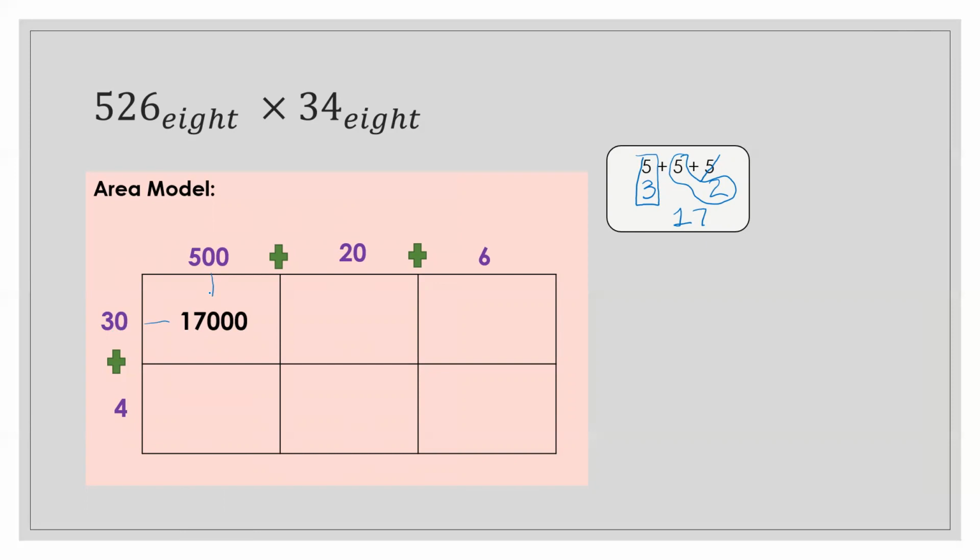Okay. And then next I have 30 times 20. It will end with 2 zeros, and 3 times 2 is still 6 in base 8. That's still a good number to write. And then the next one is going to end with a 0, but I need to know what 3 times 6 is in base 8. So I'm going to think about 3 times 6 as 3 groups of 6.